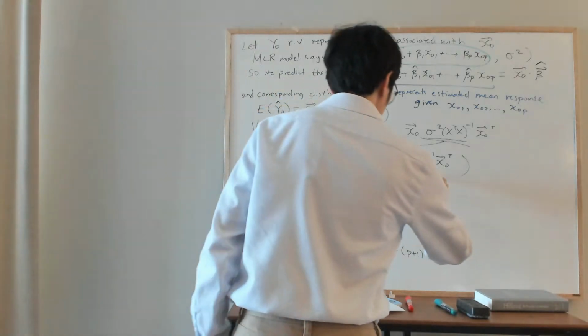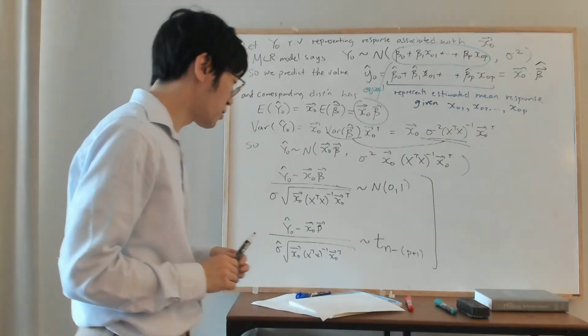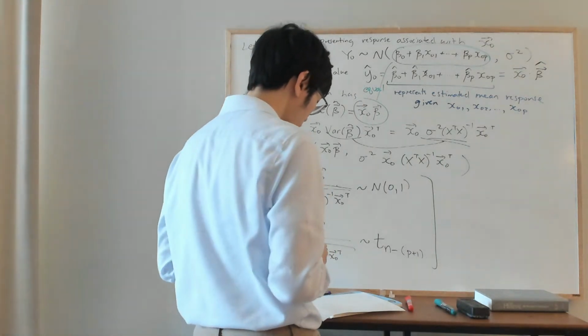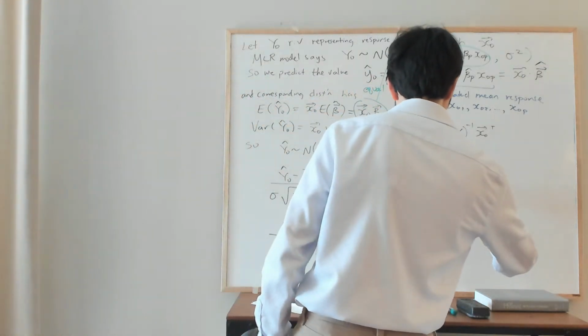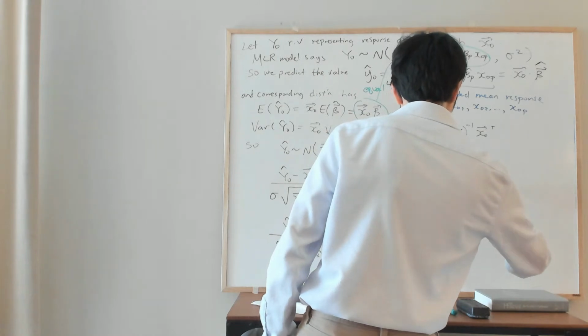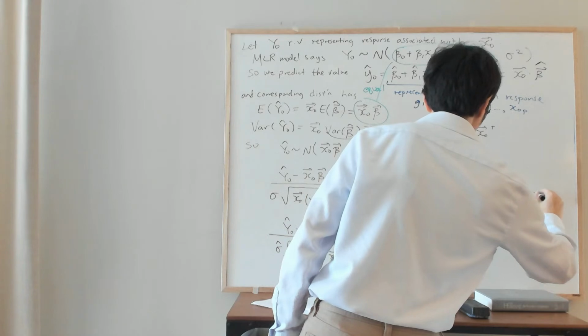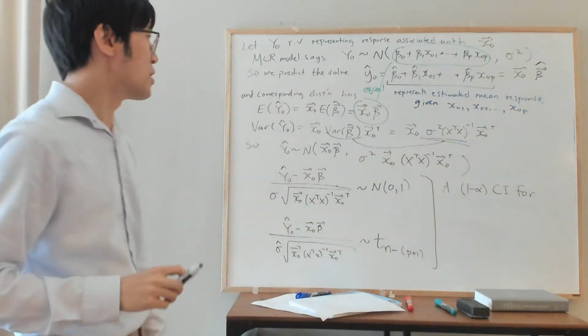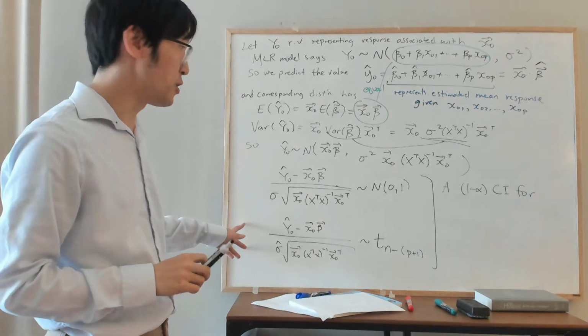So what this means is we can use it to make a confidence interval. Let's state carefully what this distribution could be used to construct a confidence interval for.